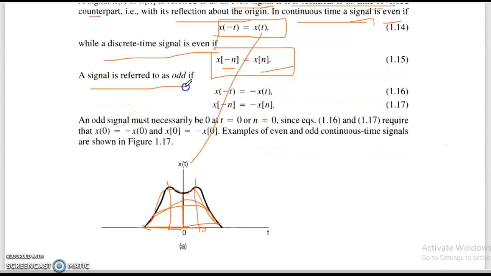A signal is referred to as odd if x of minus t equals minus x of t.